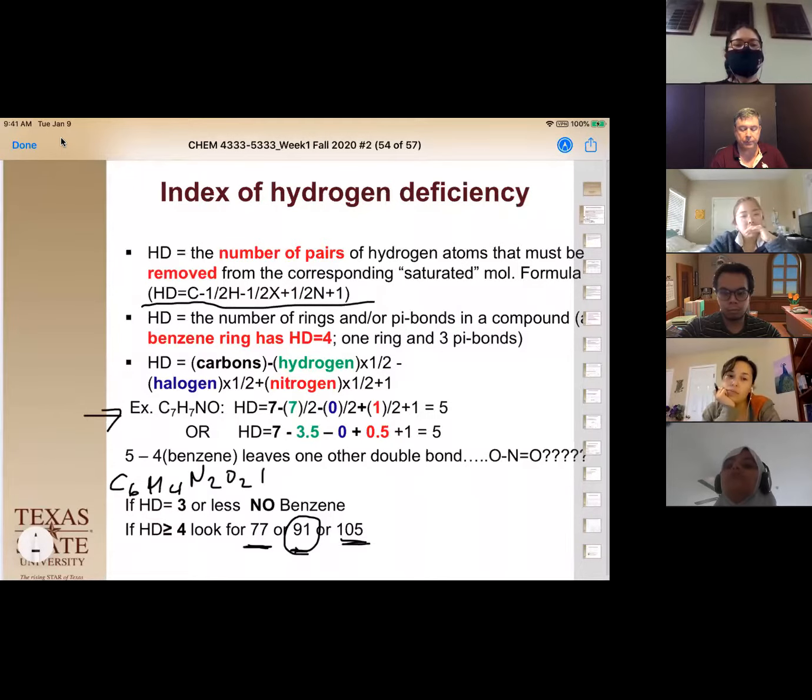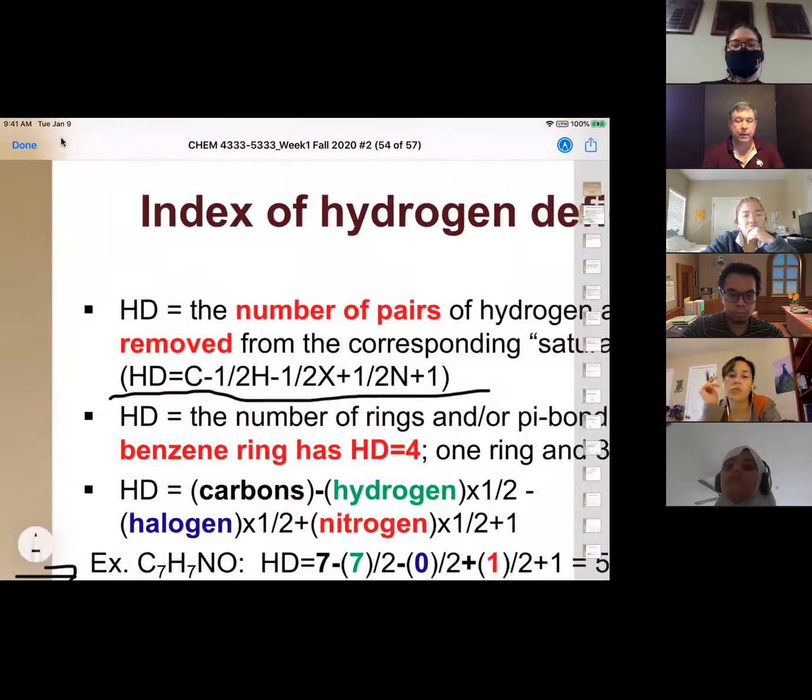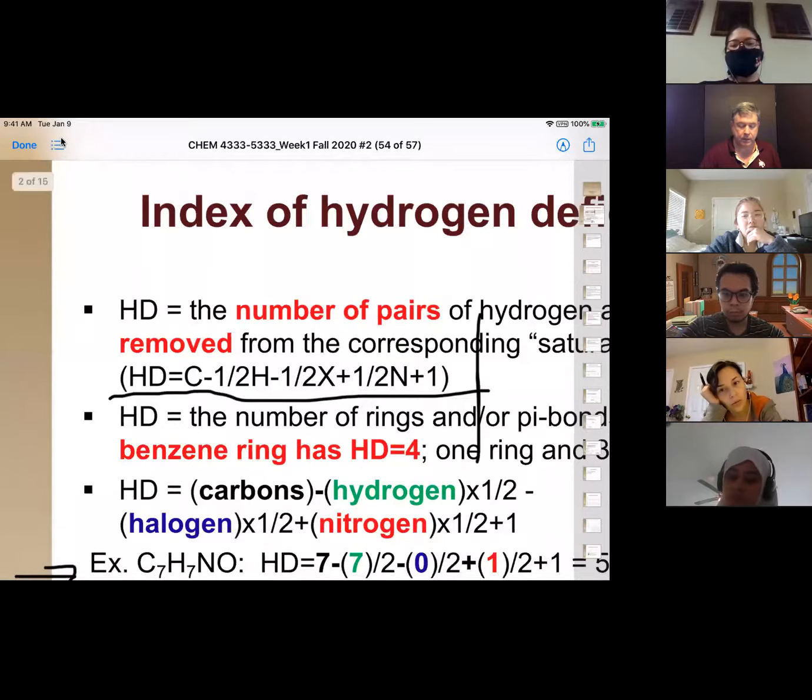C6H4N2O2Br right here. So if we did our calculation for this, it's going to be a little bit different because we have a halogen in there, we have oxygens in there, but of course we ignore the oxygen. So what I'm going to do is I'm going to blow this up, and I got to write down what we're going to do here.